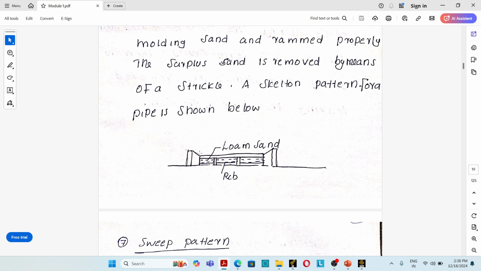Once the sand is filled, it is rammed properly, and after that the excess sand is removed using a stick. That's the purpose of the skeleton pattern.